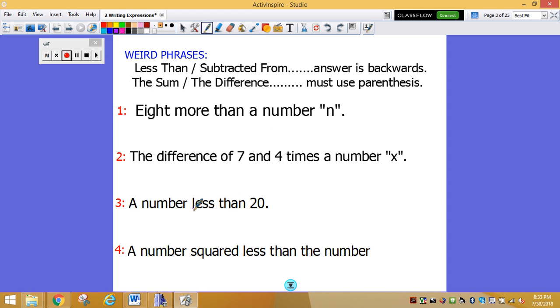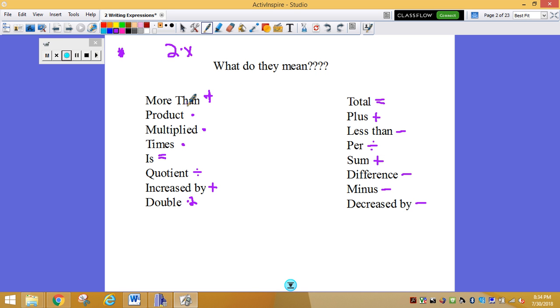And again, these are all written down on your worksheet. So as I do number 1 on here, you need to be writing down the answer to number 1 on your worksheet. Okay? So we just start left to right, just like you're reading a book. So we're going to start with 8. More than. Now if you're not sure, you can go back and look at that list that we just did. But more than means to add.